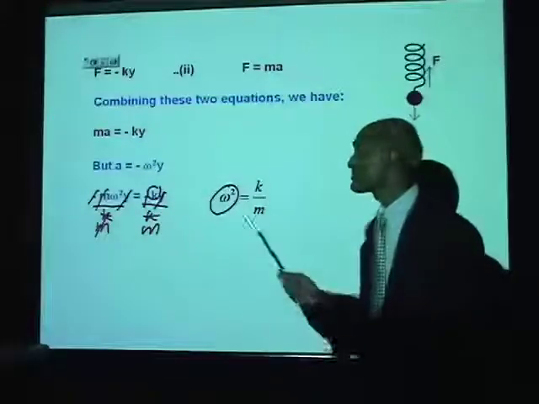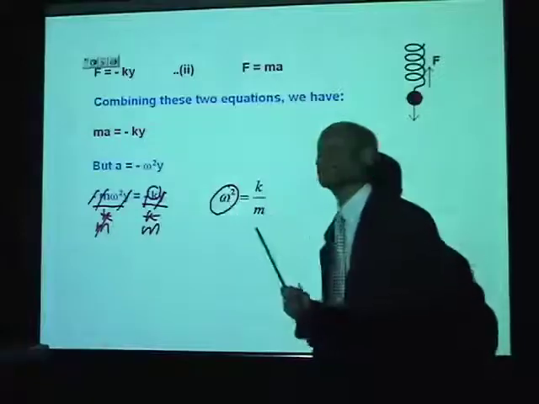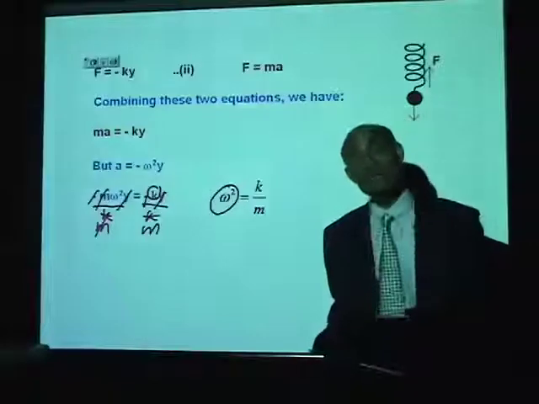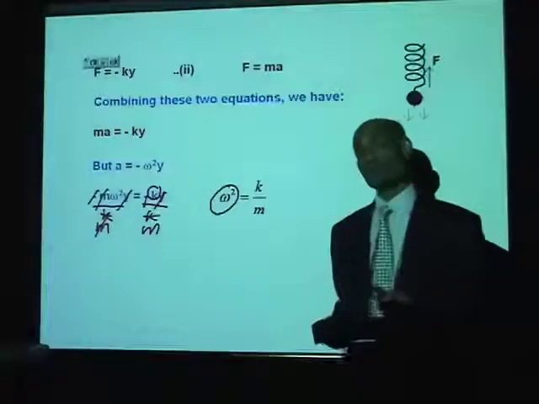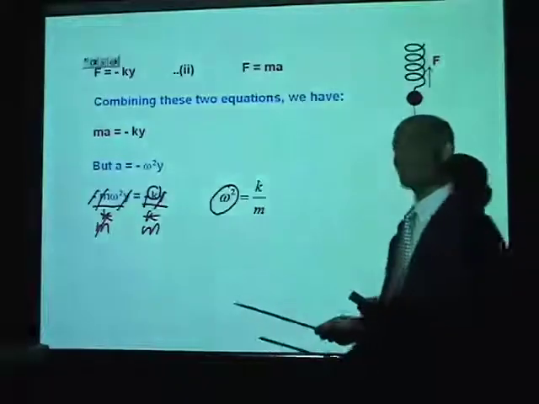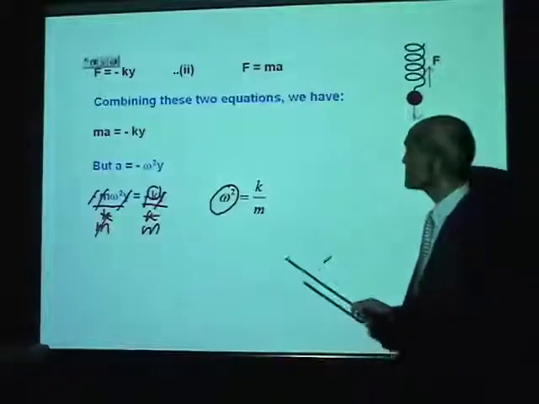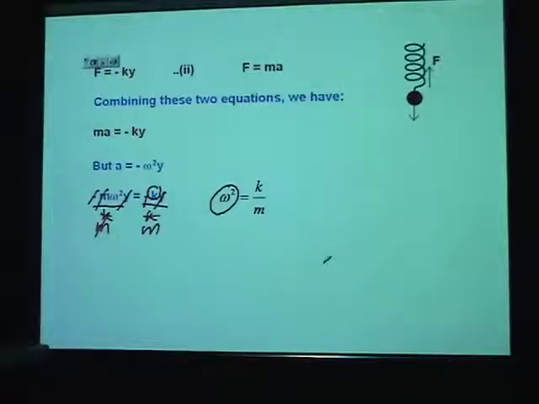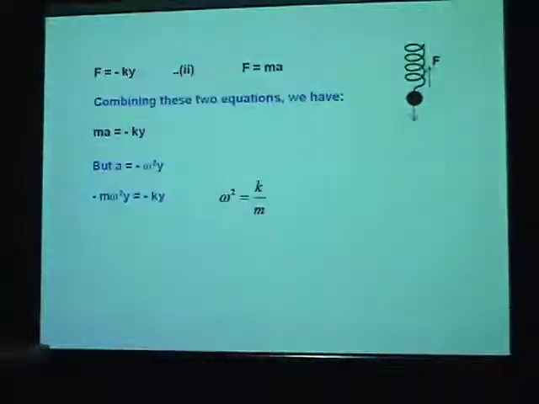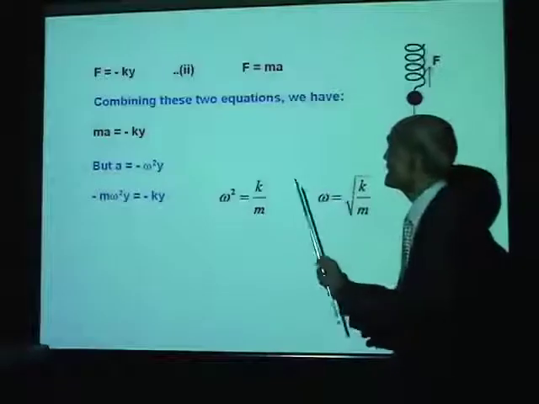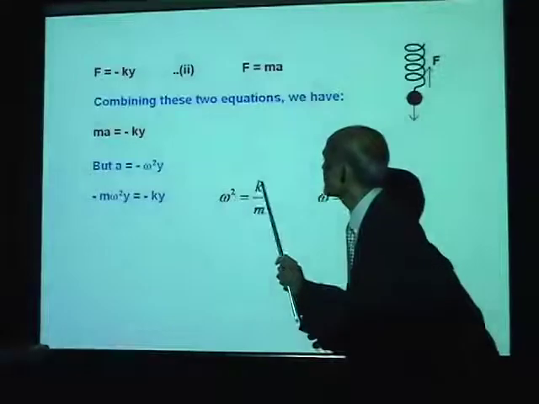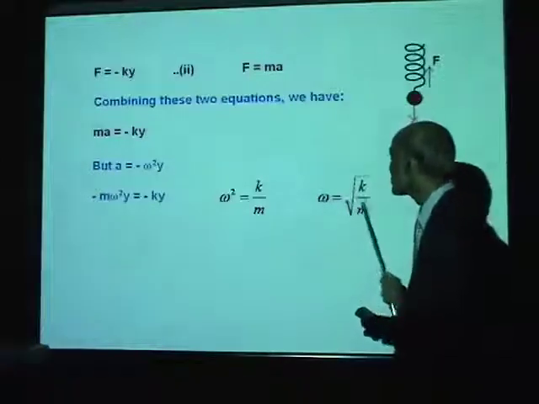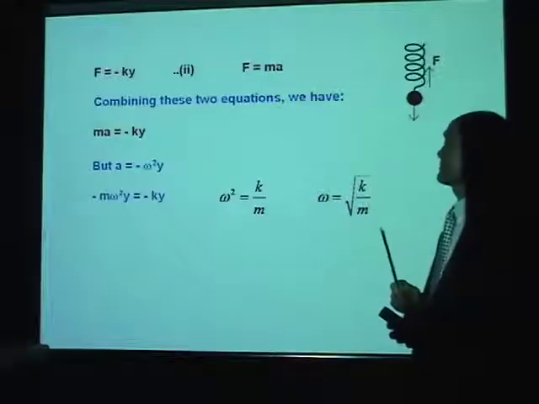Alright, how many of you remember omega in terms of the period? Can you recall? Well, omega is 2 pi divided by T, the period. Is that right? Yes. Well, now, if omega squared equal to k over m, then omega equal to square root of k over m.